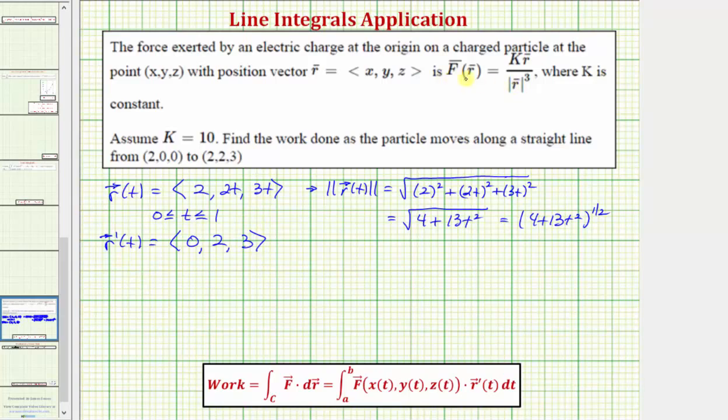And now let's find F of r of t. We're going to have k, which is 10, times r of t, which is here. So we have an x-component of 2, a y-component of 2t, and a z-component of 3t, divided by the magnitude of r of t cubed. Well, if we cube this, we're going to have the quantity 4 plus 13t squared to the 3/2 power.